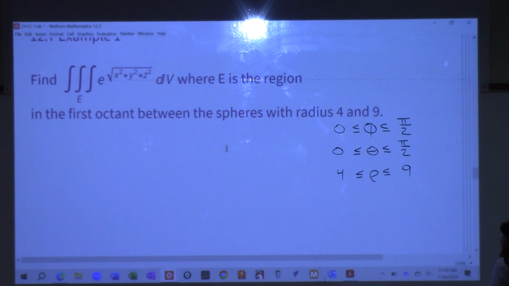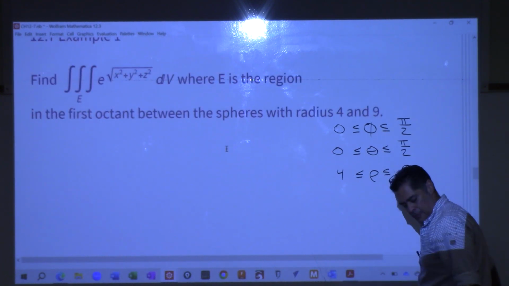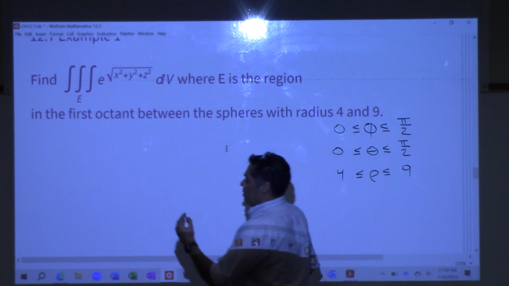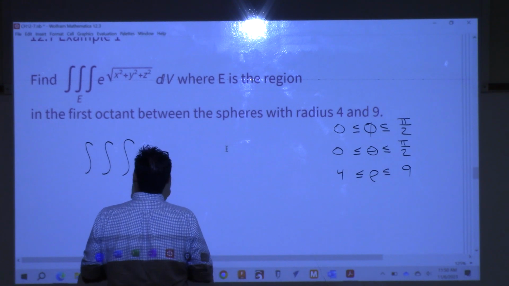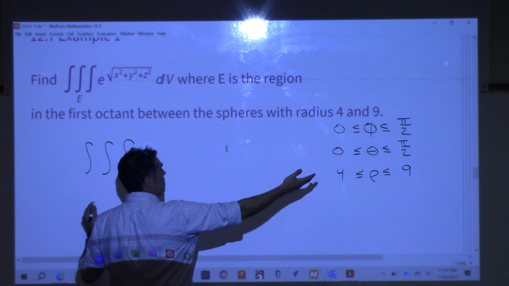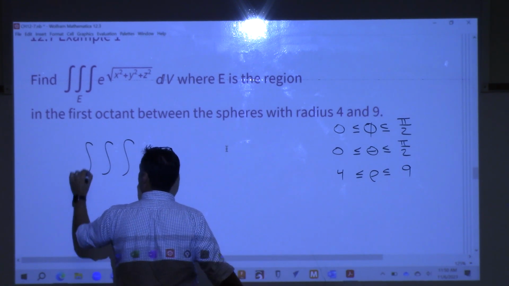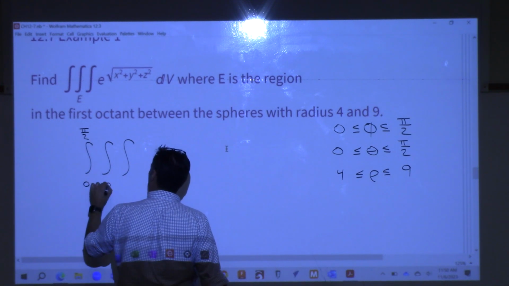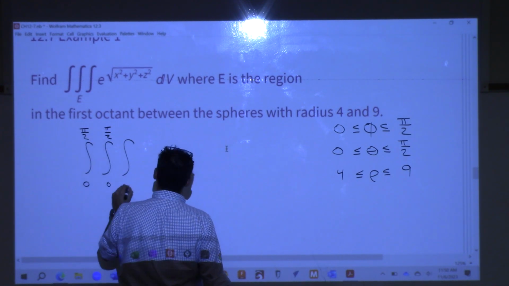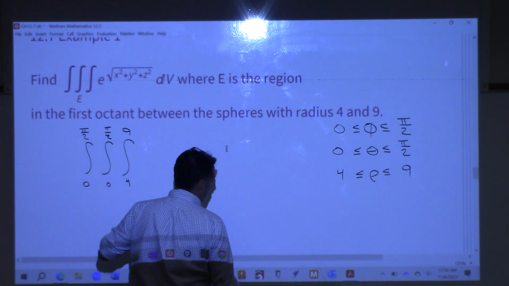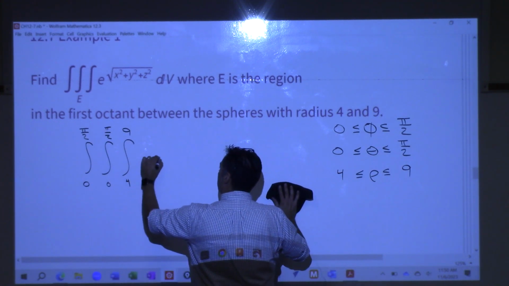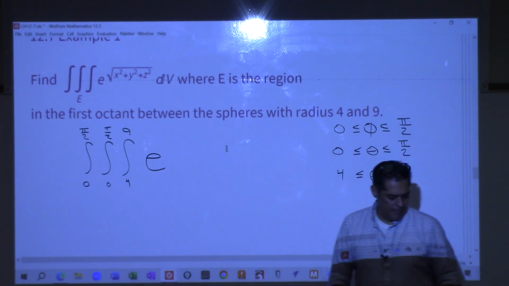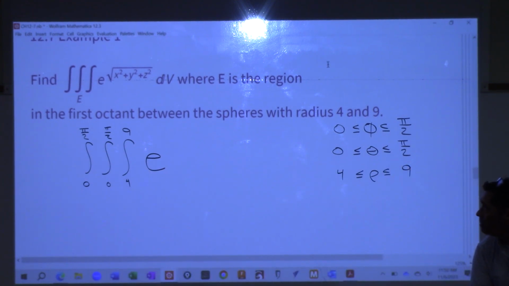Let's set it up. Triple integral. Our limits of integration aren't going to matter in order, because they're all constant. 0 to pi over 2, 0 to pi over 2, 4 to 9. E raised to the square root of x squared plus y squared plus z squared.